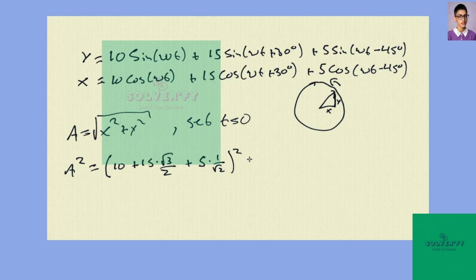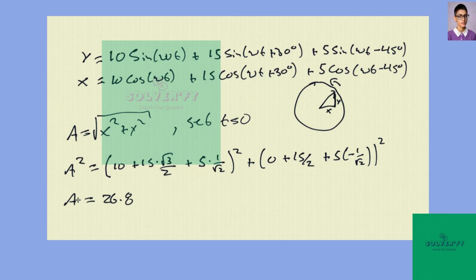And now we have the y component plus the y component: 10 times sine of 0, that's 0, plus 15 times sine of 30 degrees, which is 1/2, so that's 15 over 2, plus 5 times sine of negative 45 degrees, which is negative 1 over root 2, and that's all squared. When you plug this in, you get that the amplitude is 26.8. Let's just keep that in our back pocket.